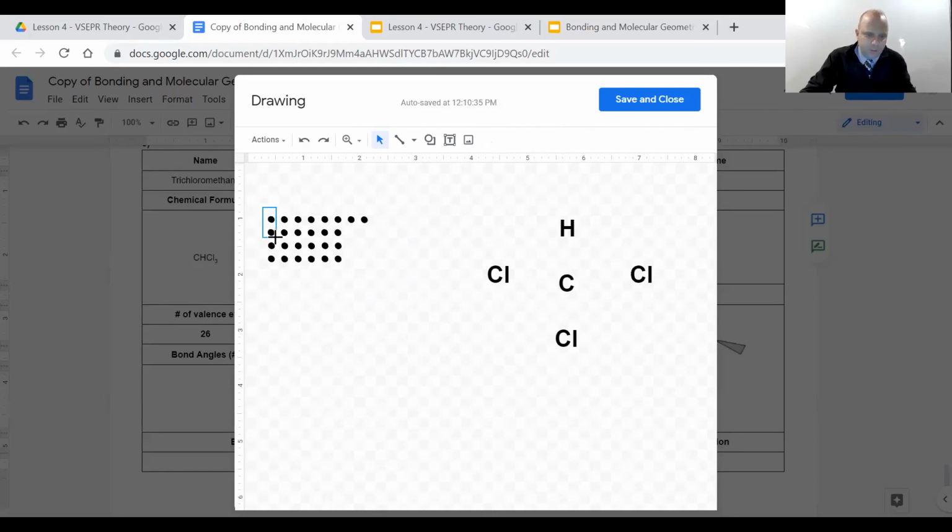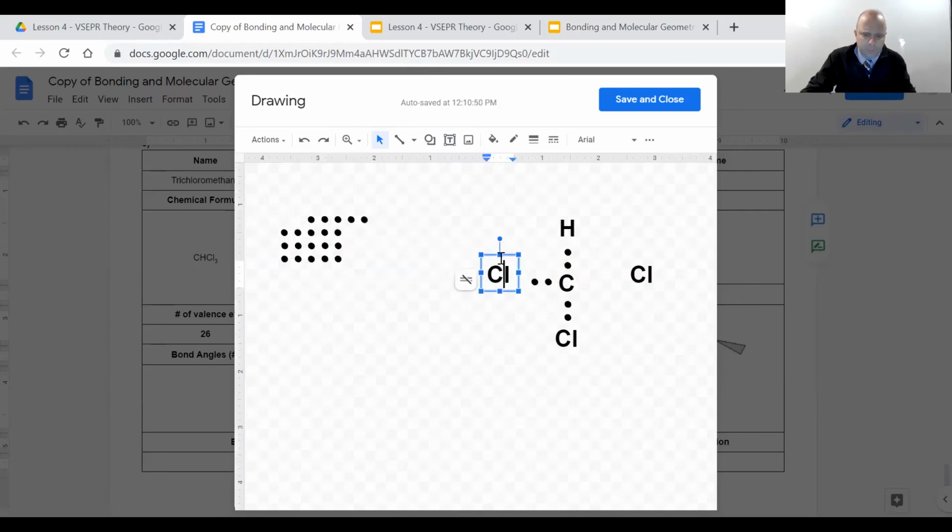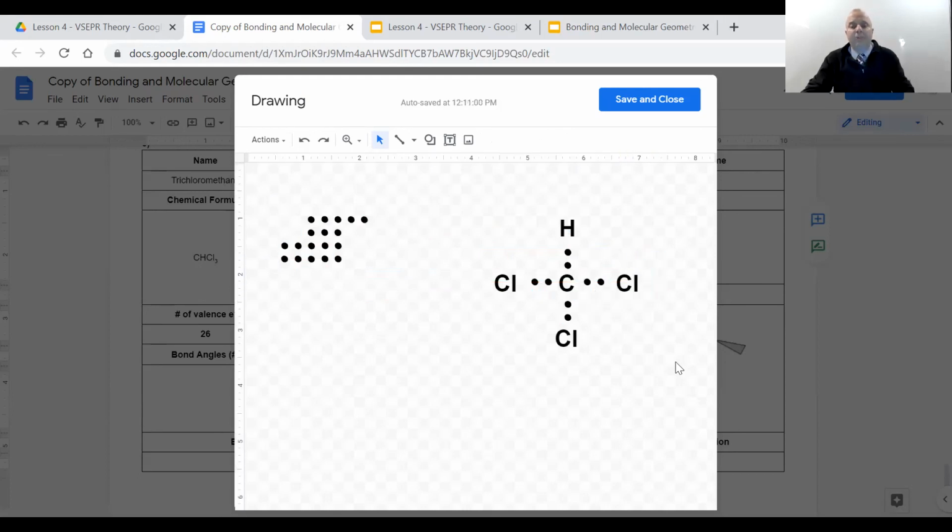Okay, first thing I'm going to do, connect up my atoms. So we have 2 here. We have 2 here. We have 2 here. I'm just going to move this chlorine a little closer. And we have 2 more here. Move this chlorine closer. Excellent.